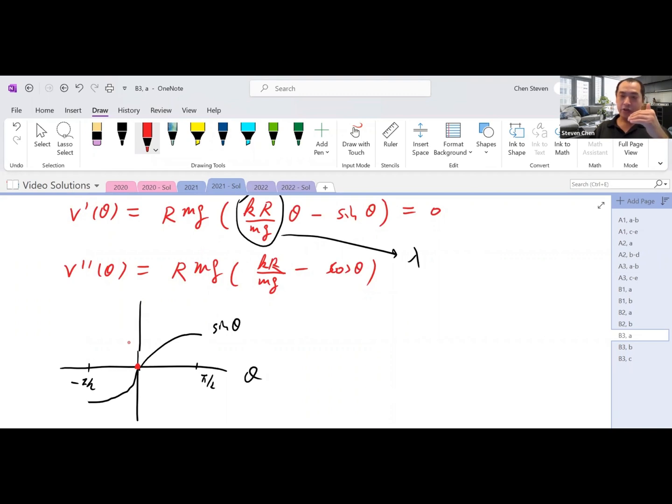Let's first think about it intuitively. First, when lambda is very small, this line is very horizontal, very flat, so they only meet each other at the origin. And when you slightly increase lambda, think about the graph, right? So what is the threshold value? The threshold value happens here. The coordinates of this point are pi over 2 and 1.